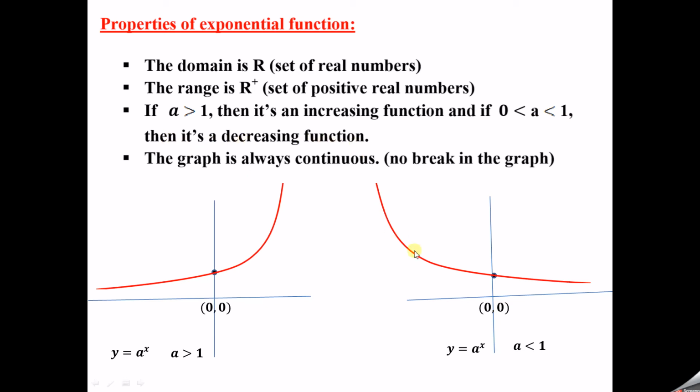Here you can see the exponential function will be decreasing like this when the base a is less than 1 and a is positive. A positive is already a required condition for an exponential function. If the base is less than 1, it will be a decreasing function, and if the base is greater than 1, it will be an increasing function.